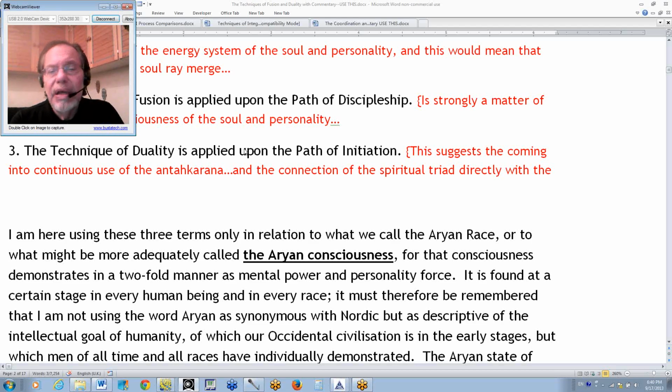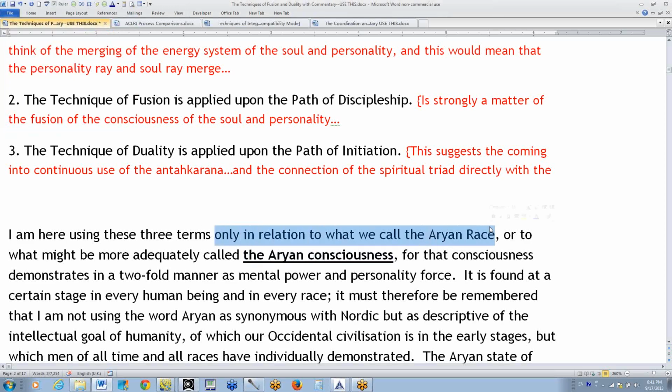So interestingly enough, the fifth ray, its higher method of teaching, is the new esoteric psychology. So we have to have some different conceptions of the fifth ray than we may have had when considering it more in formal terms. So I'm here using these three terms, the technique of integration, the technique of fusion, technique of duality, only in relation to what we call the Aryan race, because that's when the types of spiritual development we're talking about here can occur.